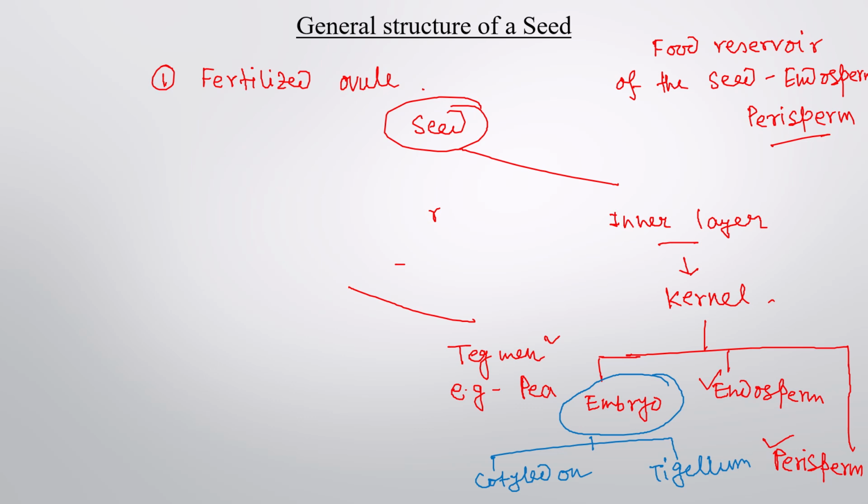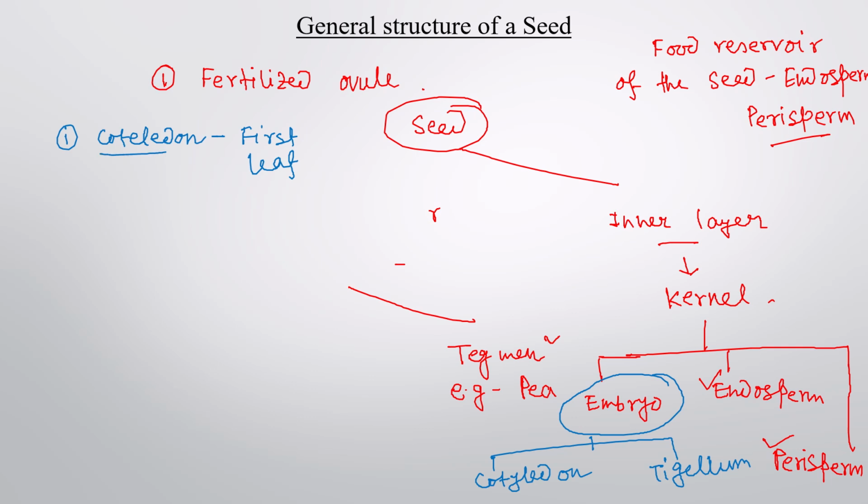The cotyledon is the first leaf of the plant.